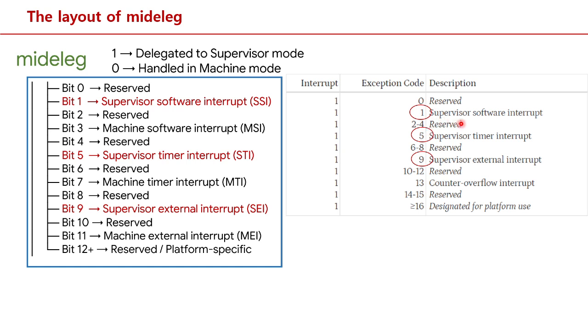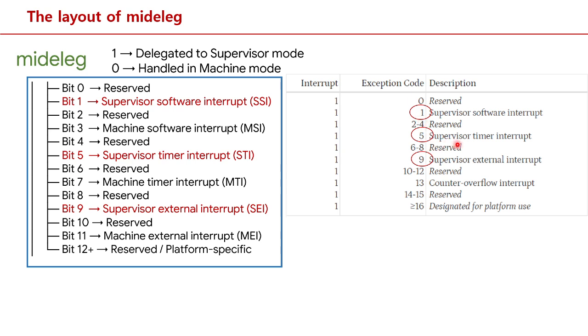Right after the supervisor software interrupt is triggered, the value of the exception code is 1. What I mean is that the value 1 is updated to the scause register during generation of a trap.